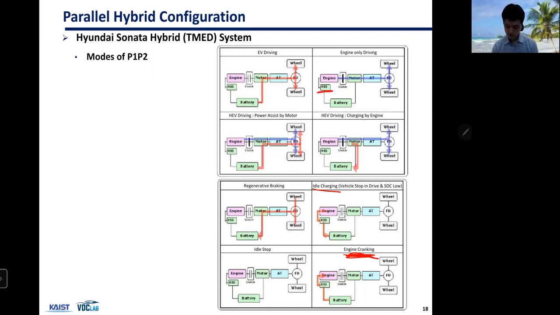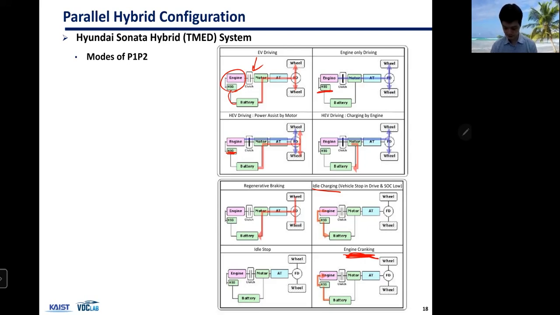And there's also a series mode they can use using this HSG motor, meaning that you can decouple this and you can operate your engine and generate through the HSG, but HSG is a small motor, so it's not really suitable for series hybrid, but you can still do that.